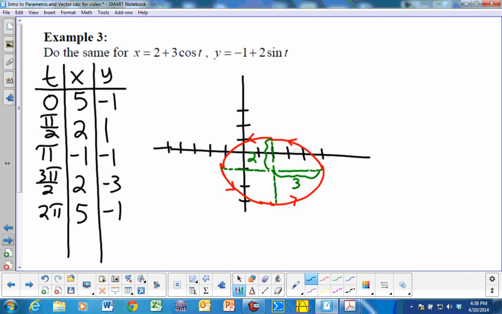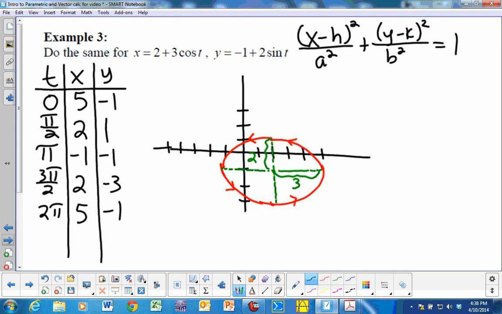So your equation for an ellipse is x minus h, where h is your center, squared over, in this case, a squared because the length is in the x direction, plus y minus k squared over b squared equals 1. A and b are those two numbers, that 3 and that 2, and h and k are the center.